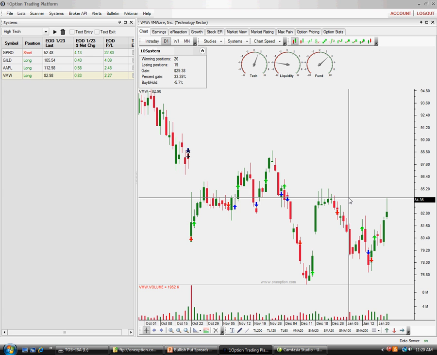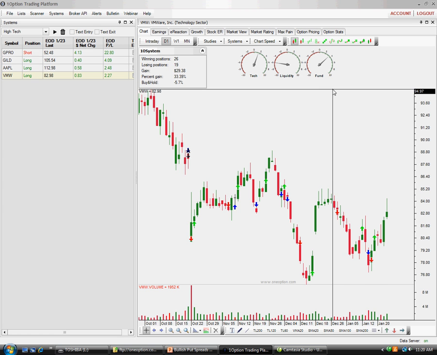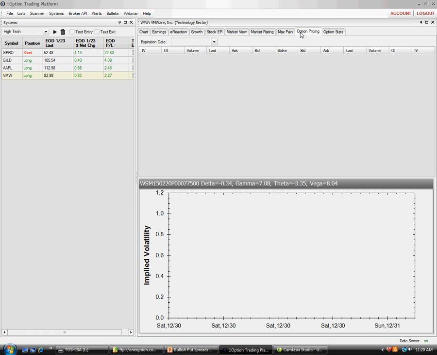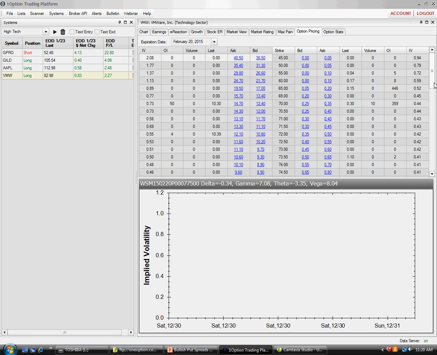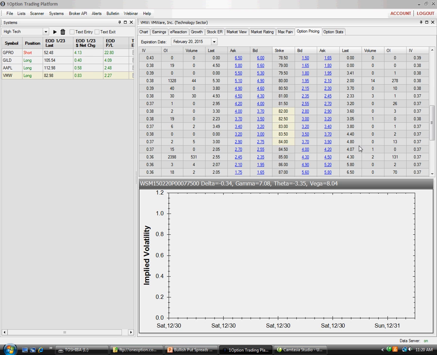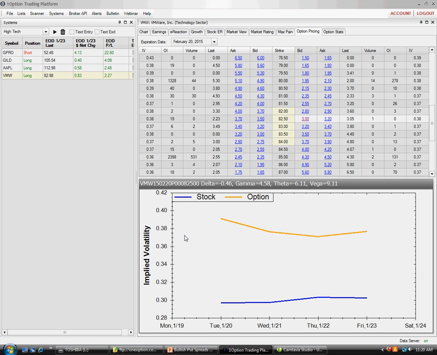So if it gets through that $84 level, we'll take a look at the option pricing on it, and we'll go into the February expiration, and we can take a look at those 82.50 puts, a little bit under 40, but pretty much in our range.